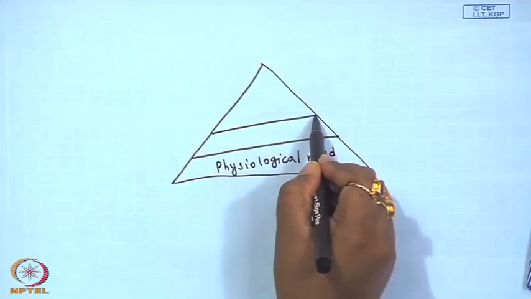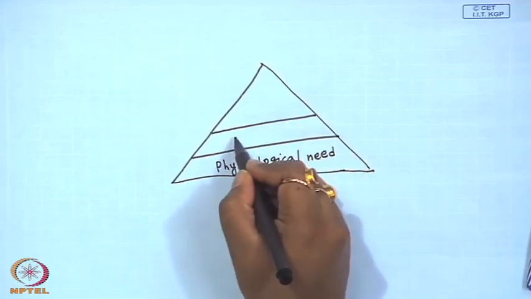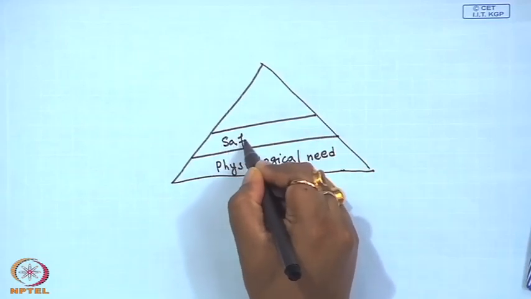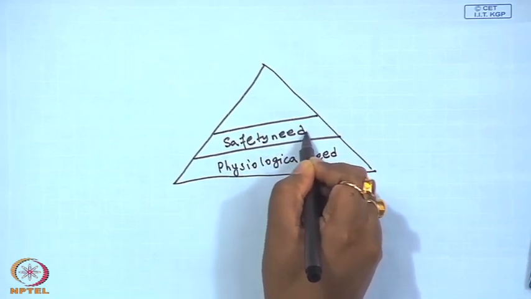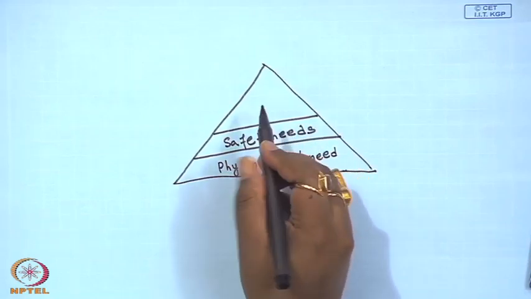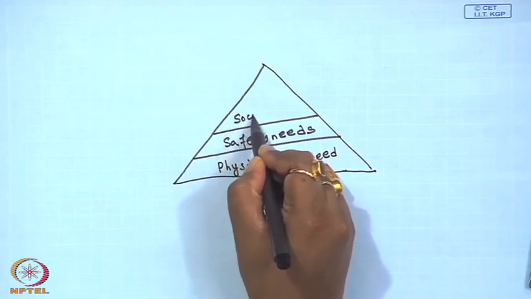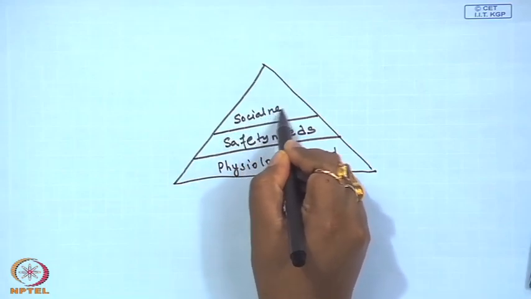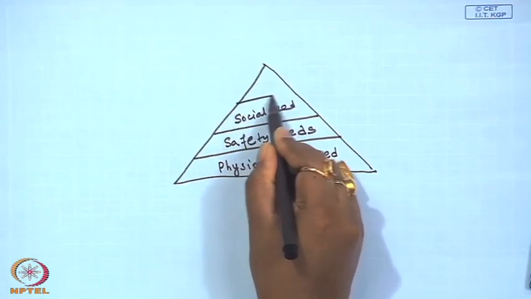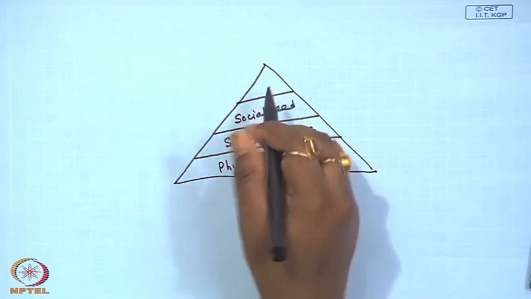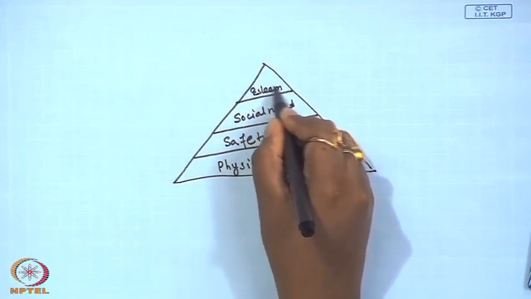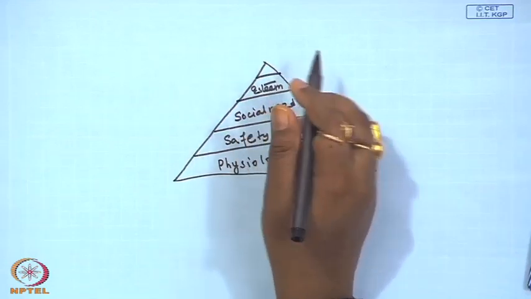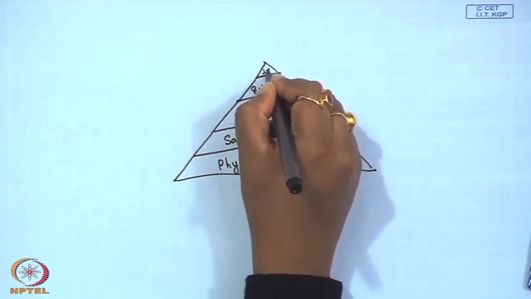Next come your safety needs. Third is the social need. Fourth is the esteem need, and at the top is the self actualization need.